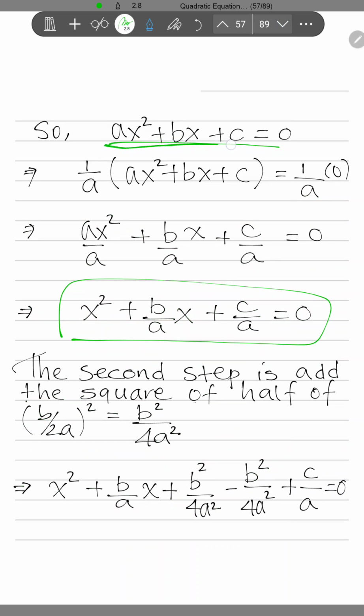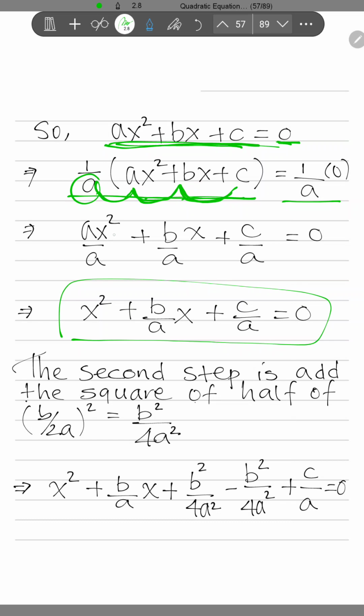So ax squared plus bx plus c is equal to 0. We divide both sides by a. Dividing both sides by a technically means multiplying both sides by 1 over a. It's the same thing. So this 1 over a is going to be distributed throughout the parentheses. It goes for all. What will happen when it goes for all? This is one of the distribution characteristics of multiplication over addition.